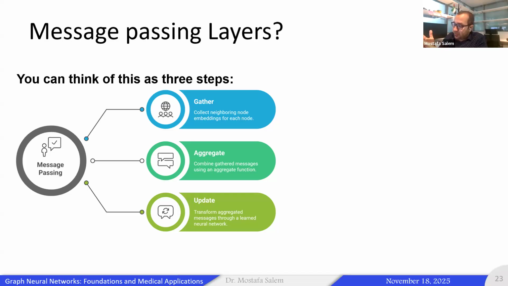So the message passing can be represented in three steps. Gather: each node will gather information from its neighbors. Aggregate: the node will merge or combine the gathered messages somehow. And then the update: each node will update its information according to what it has and the aggregated information gathered from its neighbors.